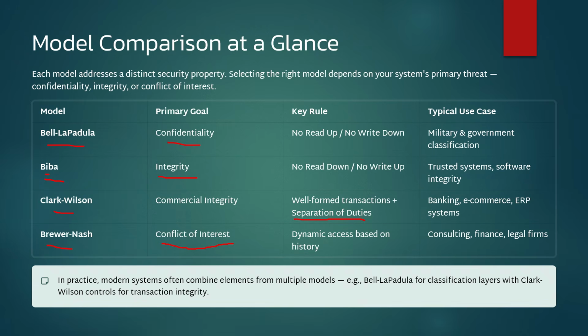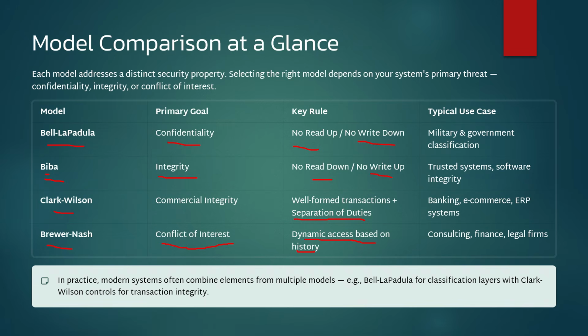As I said, no read up, no write down, no read down, no write up for LaPadula and Biba. Brewer-Nash is dynamic access based on history. If one person accesses data from bank A, then the person should not be accessing data from bank B, otherwise that will be a conflict of interest.